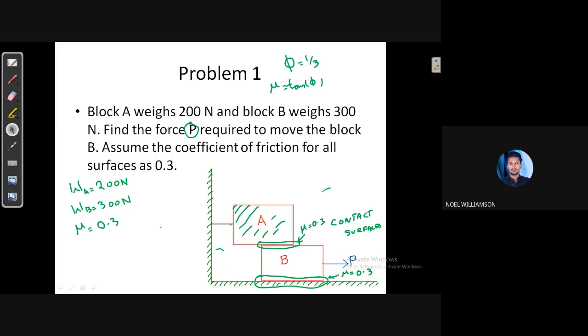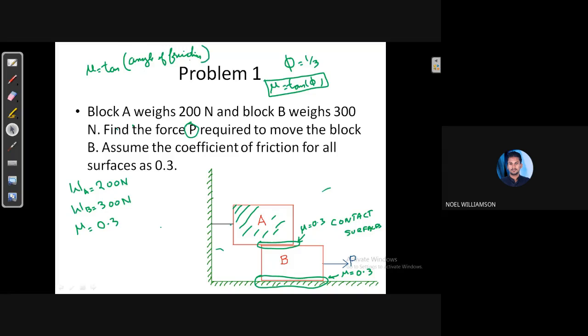That should be kept in mind. The coefficient of friction mu will always be equal to tan of the angle of friction phi.